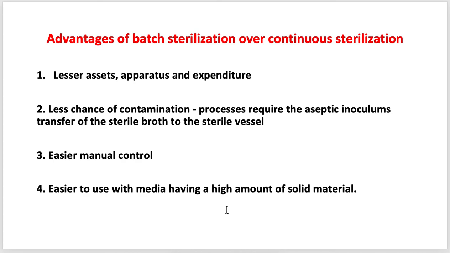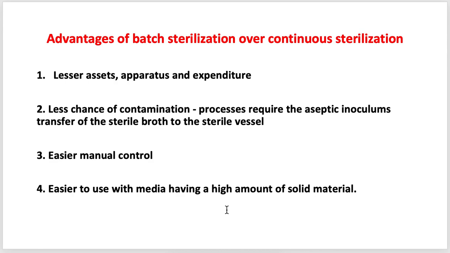If the media contains a high amount of solid particles or materials, during the continuous process they can settle down within the machineries and create a clog and thus can stop the sterilization process. But in case of batch sterilization, the chance of that kind of clogging by solid material of the media is very low.